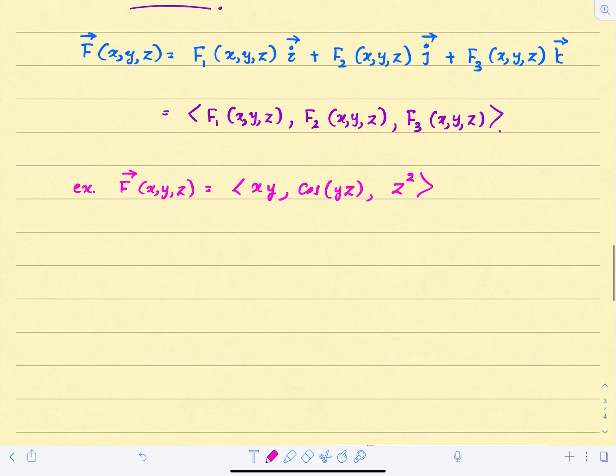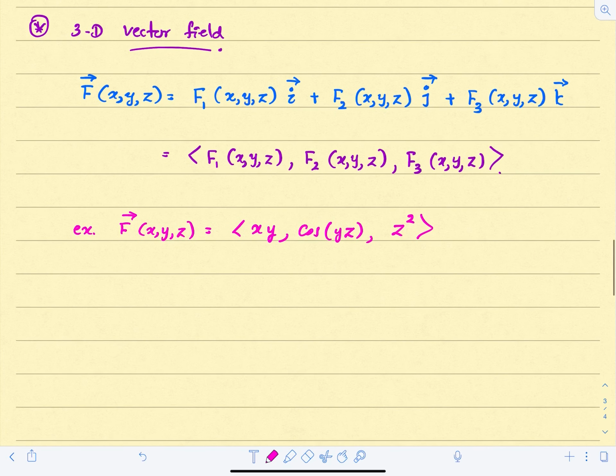Now it is very difficult to plot a vector field in three-dimensional space by hand.